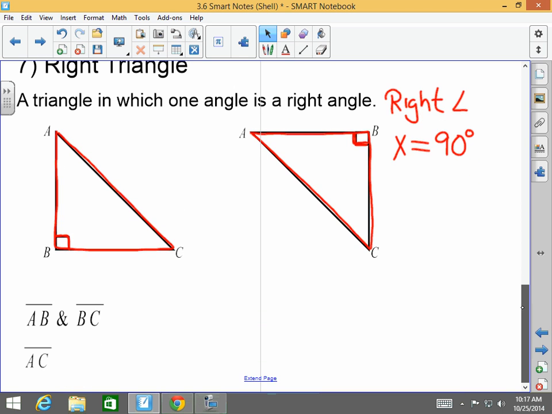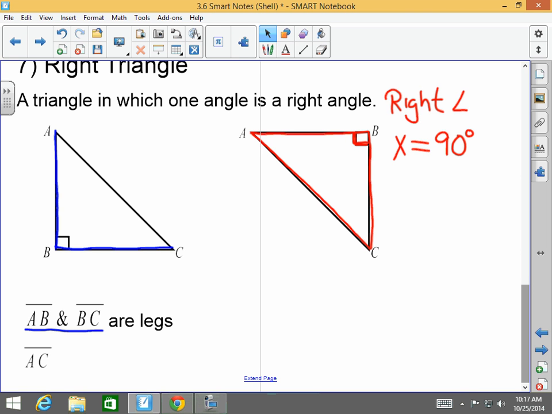Now, a couple things about the right triangle. Segments AB and BC, let me go ahead and color code this so it could be easier. Segments AB and BC are known as the legs.